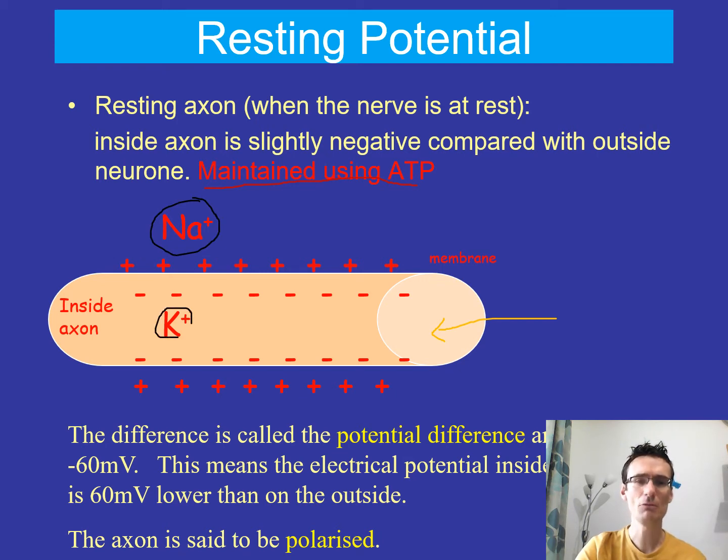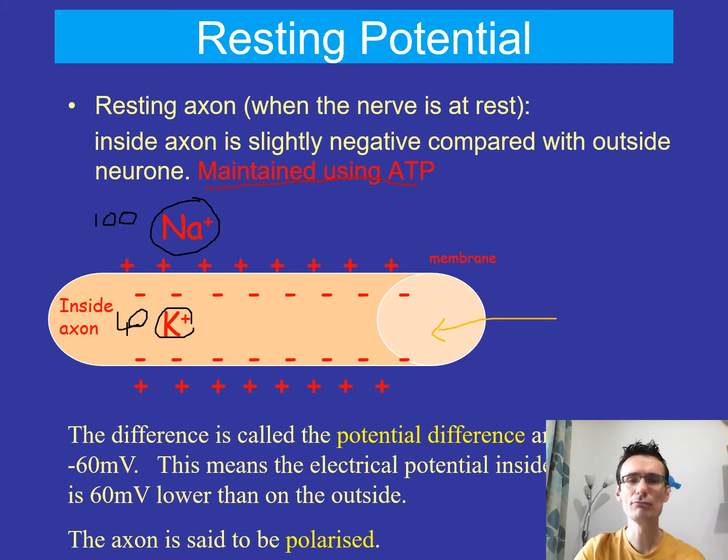But effectively we have more sodium on the outside. Let's say, and I'll give you some real numbers in a second, we had 100 sodiums on the outside, and on the inside our potassium is, let's say, 40. You're going to be less positive on the inside, and therefore in comparison you're going to be negative.